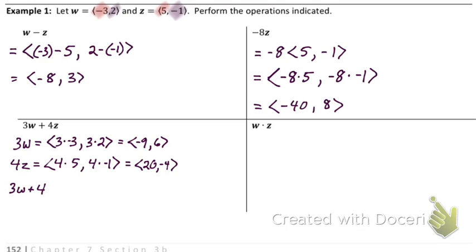So 3w plus 4z is going to equal our first term of the 3w, which is negative 9, plus 20, comma 6 plus that negative 4, which is going to equal 11, comma 2.